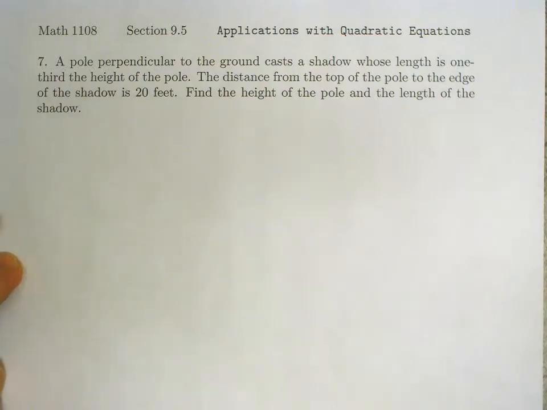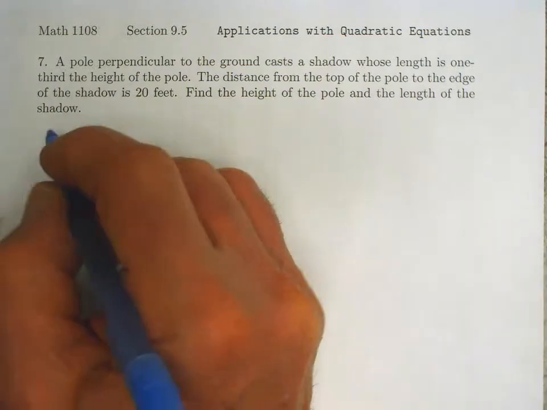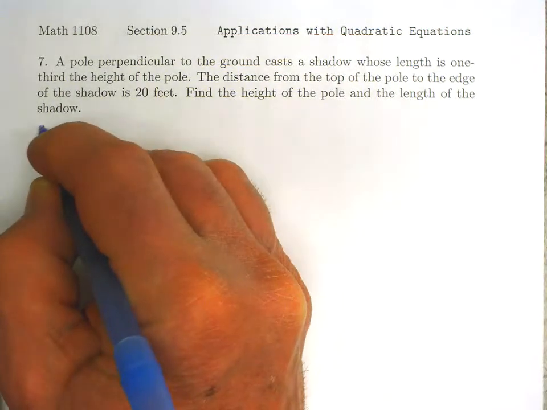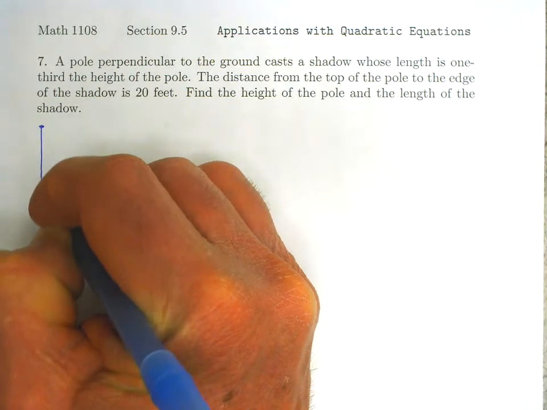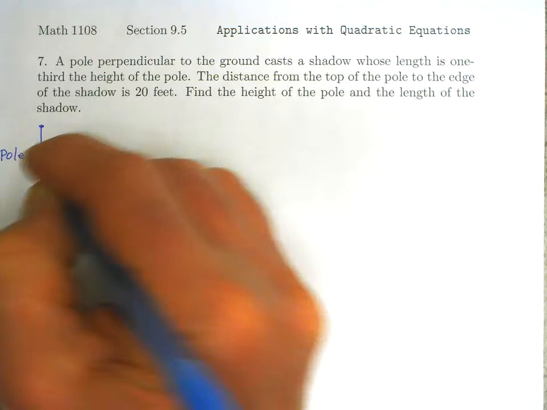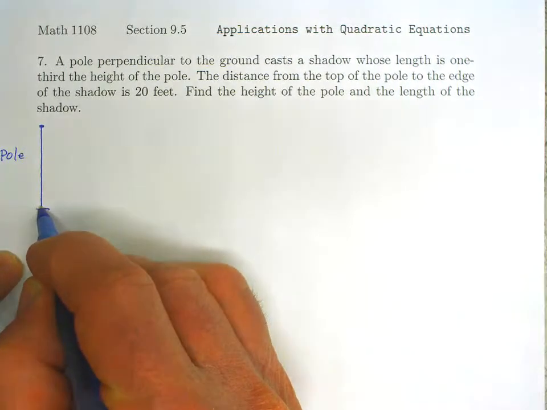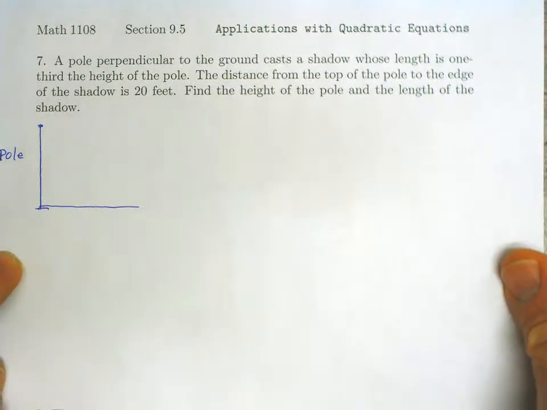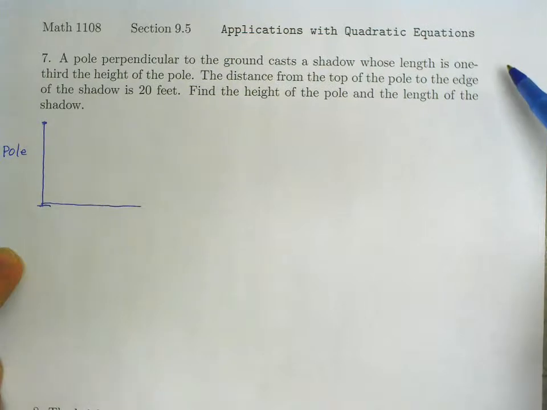So I don't know why anyone would want to do this, but let's sketch a diagram. Suppose this is the pole that's perpendicular to the ground. Okay, and what are we told?